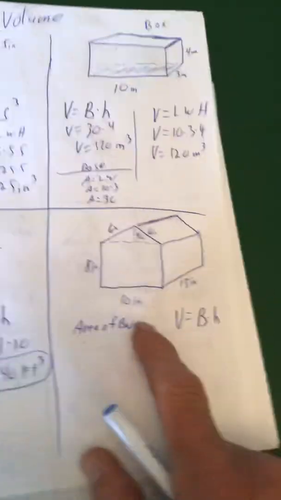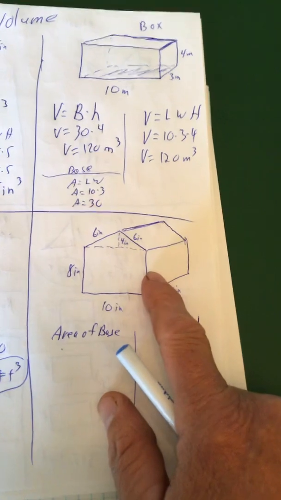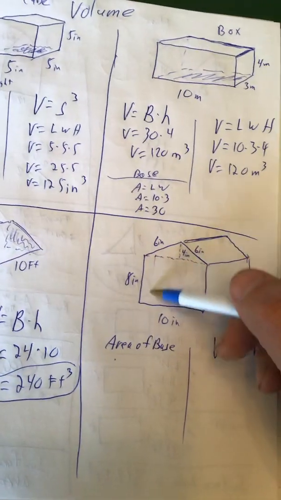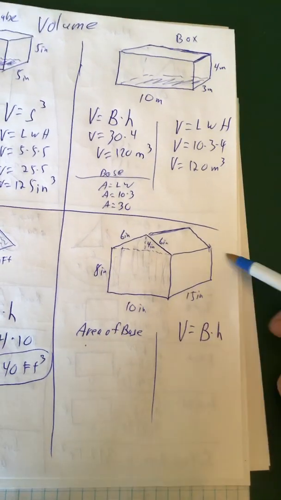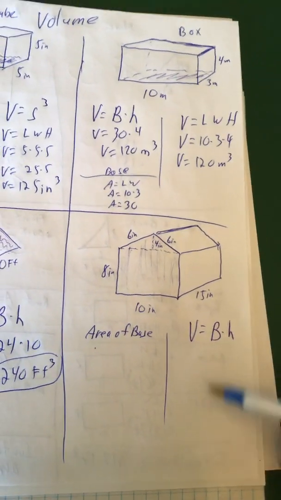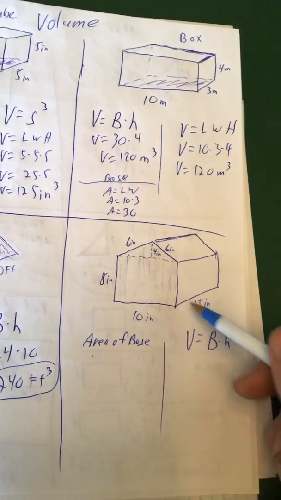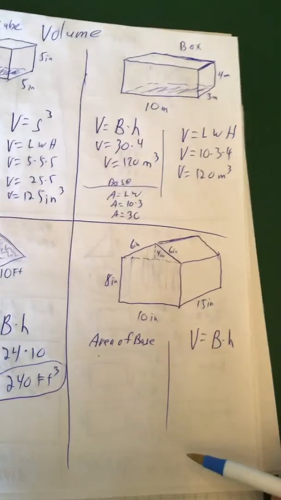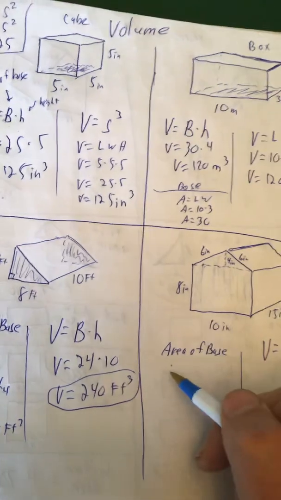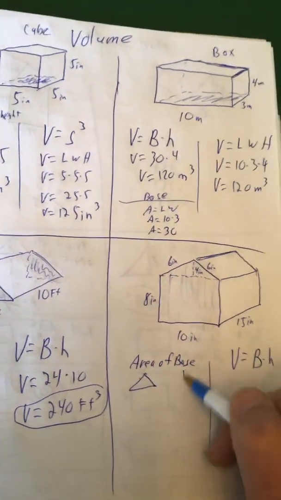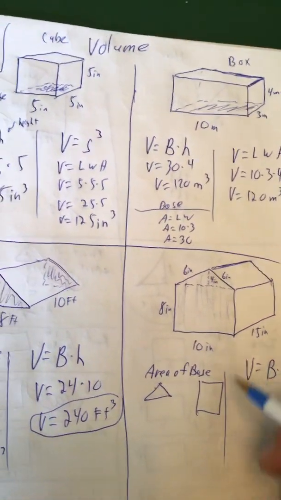Okay, now here's a weirdo. So this is like your house shape thing. We're going to call this the base, the front, because the front is exactly the same as the back, right? So that's going to be your base. It's not going to be the bottom, because the top isn't the same as the bottom. So actually the front is the base. Now the front is made up of a triangle and a rectangle.